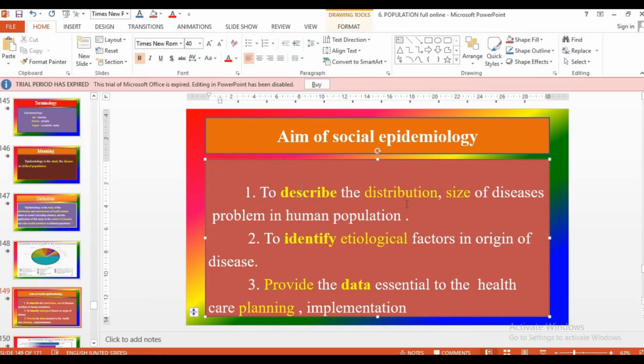The aim of social epidemiology: first, describe the distribution and size of diseases. Second, identify etiological factors. Etiology means origin, where the disease is caused. Third, provide data essential for planning and implementation.